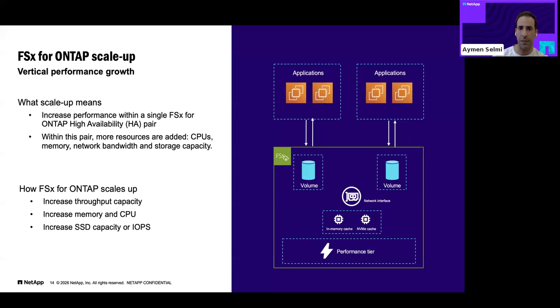That's why FSx for ONTAP is a very good candidate to be plugged into these computes. And it addresses this scale out or scale up activity from the compute side with a single highly available pair. As workload demands increase, additional resources can be added.